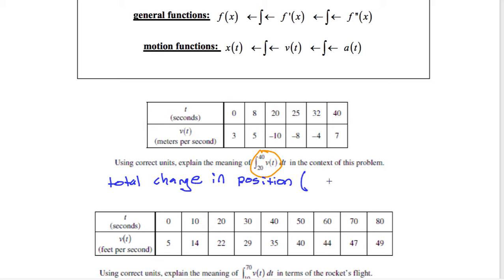Okay, now what are my units? If I have velocity, my velocity was meters per second, and then I get rid of a second because I'm multiplying by seconds, so it's just going to be in meters. You can say meters are just M, because M stands for meters. And then you say from where to where? From 20 to 40.